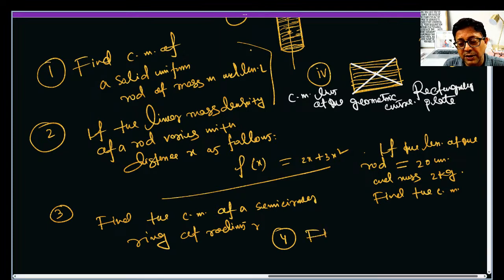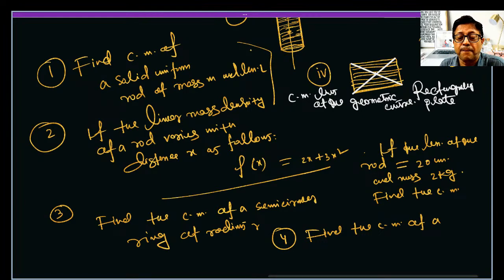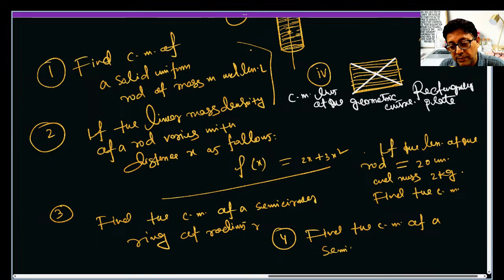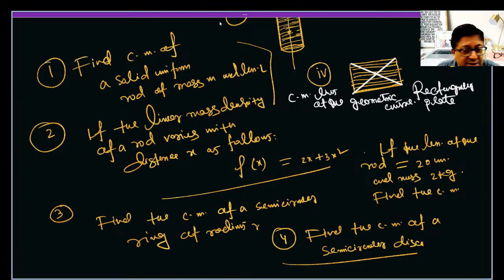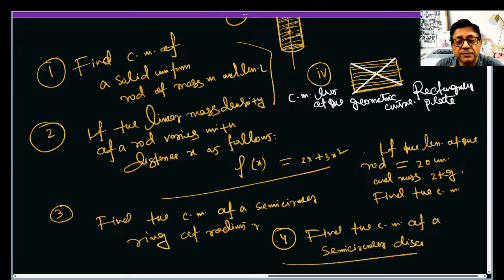Also find the CM of a semicircular disc, center of mass of a semicircular disc. Let us solve these 4 sums one by one. If you find this one very easy, you can start with number 3, but let me do it step by step.